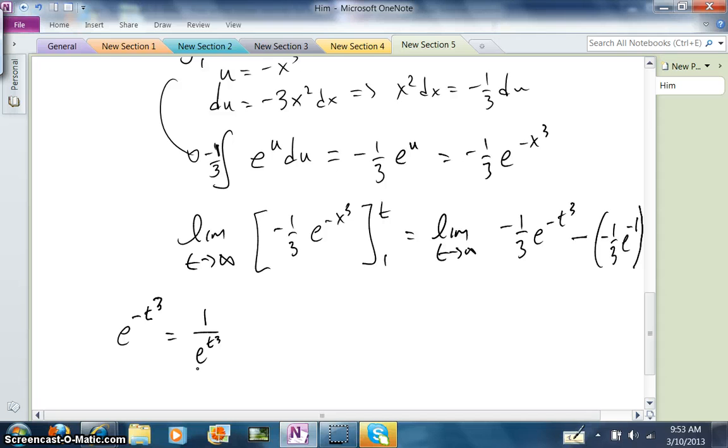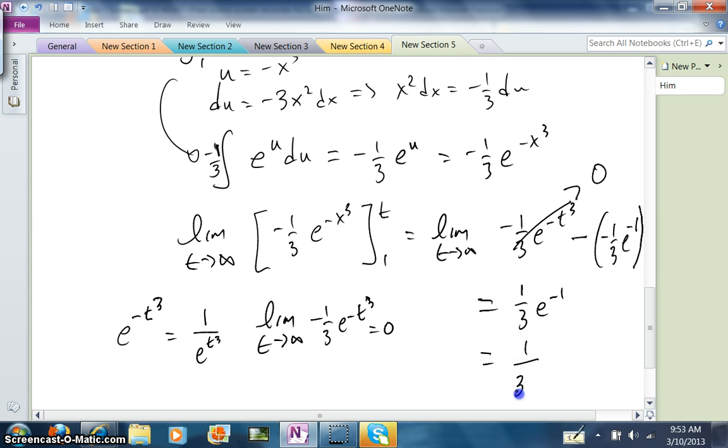Okay, so let's write that down. The limit as t goes to infinity of negative 1/3 e to the negative t cubed equals 0. And so this limit here equals 1/3 e to the negative 1, which is 1 over 3e.